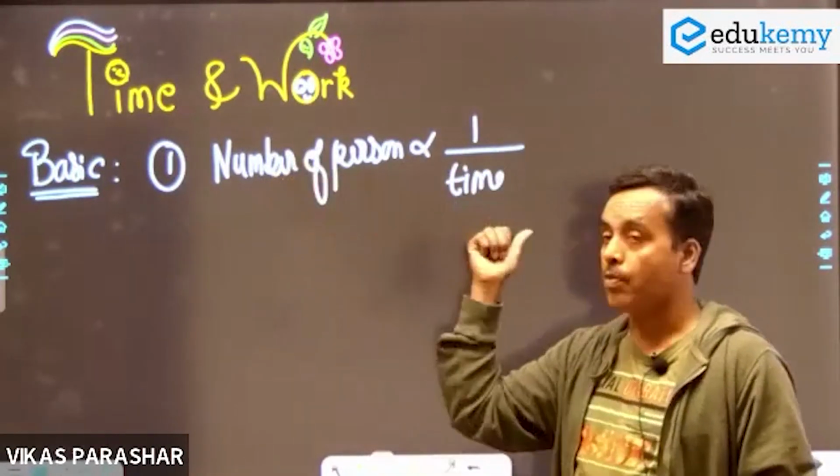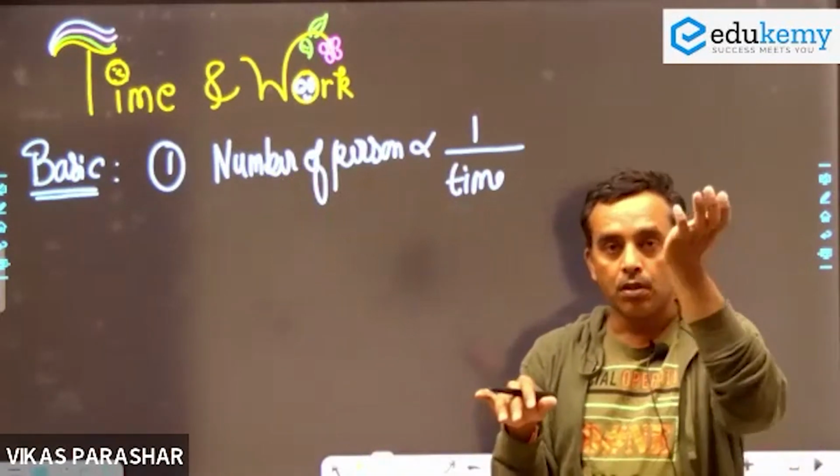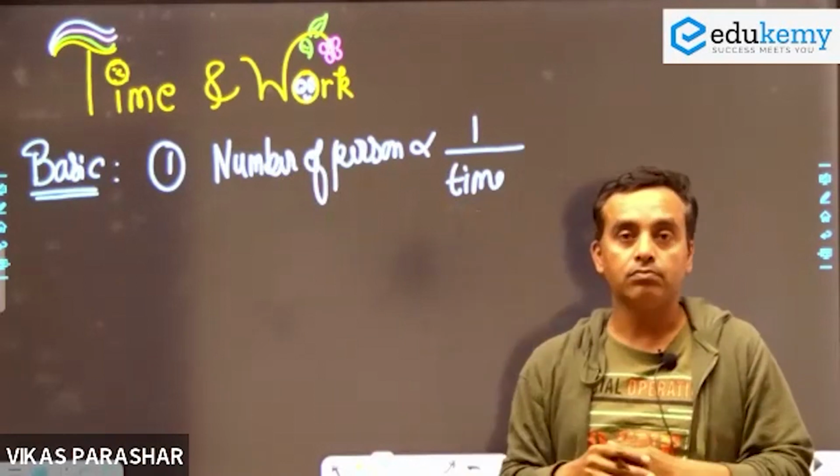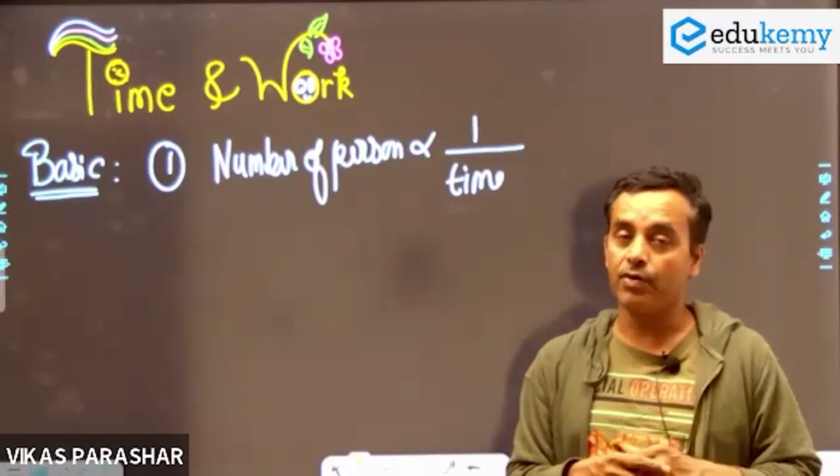All are inversely proportional. More person, less time. Less person, more time. Okay, more workers, the time will be less. Less workers, time will be more.